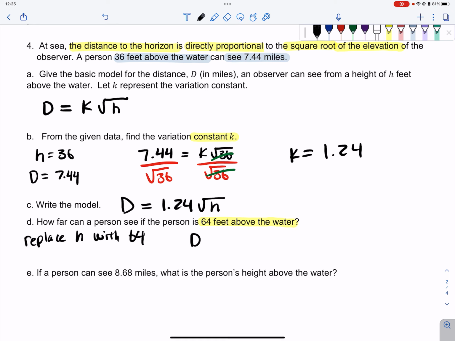So the distance they can see is equal to 1.24 times the square root of 64. And that should then give you 9.92 when you put that into a calculator. And we need our unit for this. Our distance d for our model was given in miles. So this is 9.92 miles.